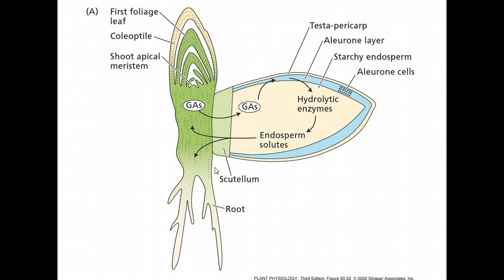And what you see here is a cartoon of a corn seed or a grain seed. It doesn't really matter what kind it is. We'll talk about corn. And we're going to talk about the production of an enzyme that's needed to break down the corn starch. As an overview, let me show you the players here.